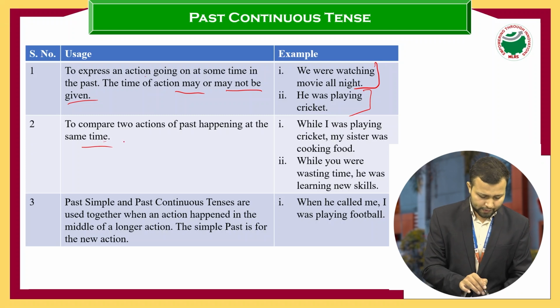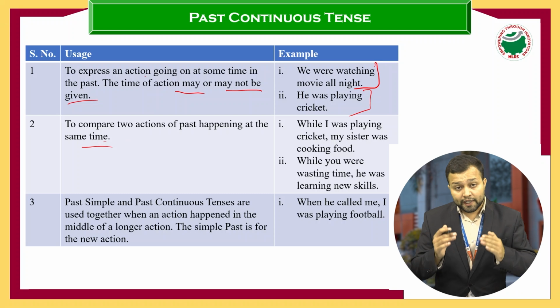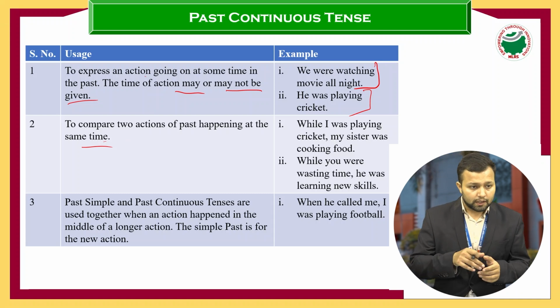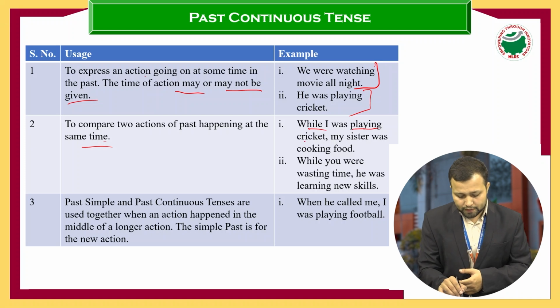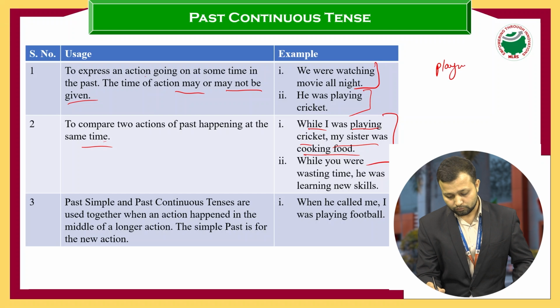So next rule is to compare two actions of past happening at the same time, simultaneously, side by side, like the rails of a train. So while I was playing cricket, my sister was cooking food. Two actions are mentioned in this sentence. First one is playing cricket, and second one is cooking food.